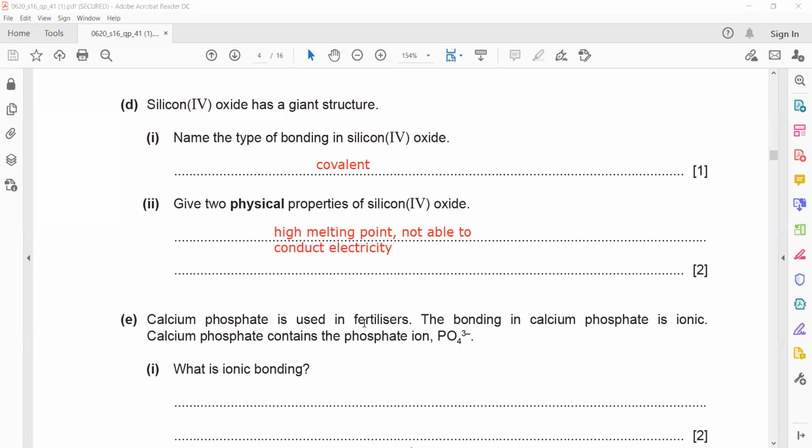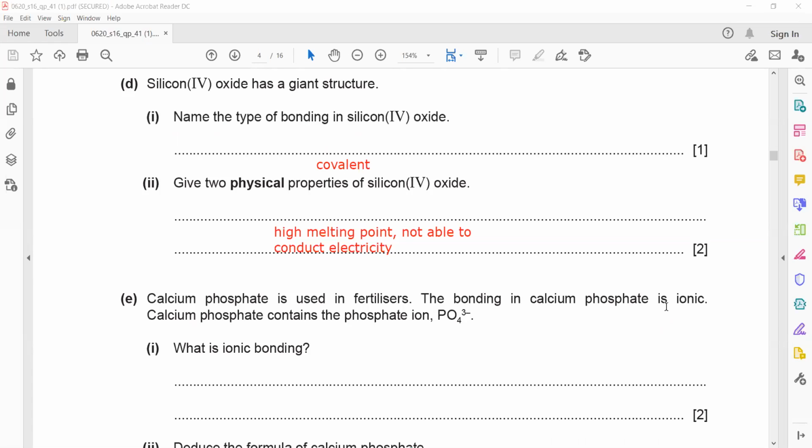Next, calcium phosphate is used in fertilizers. The bonding in calcium phosphate is ionic. Calcium phosphate contains the phosphate ion, which is PO4 with a charge of -3. What is ionic bonding? How do you define ionic bonding? The strong electrostatic forces between the oppositely charged ions.